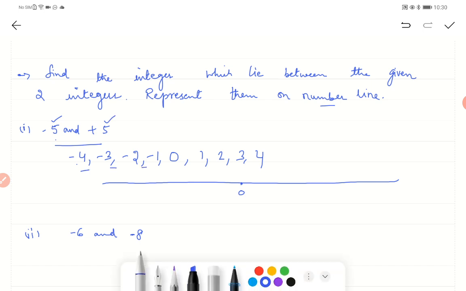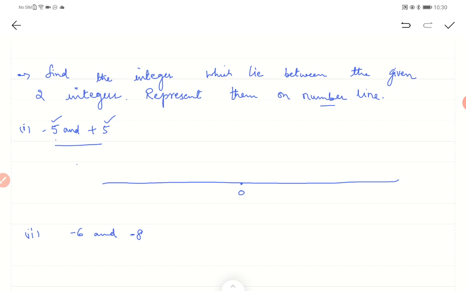So it's easy for you to plot this on the number line. Let me plot it. My numbers would be 1, 2, 3, 4 and 5, isn't it? Now on this side you want minus 1, minus 2, minus 3, minus 4 and minus 5.